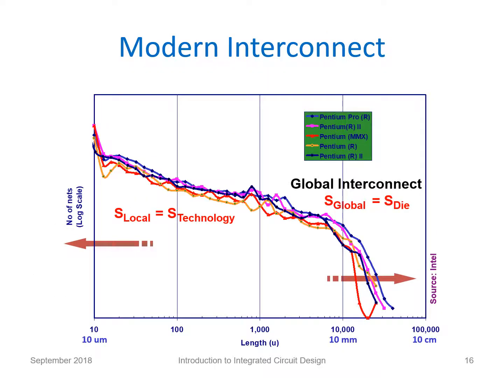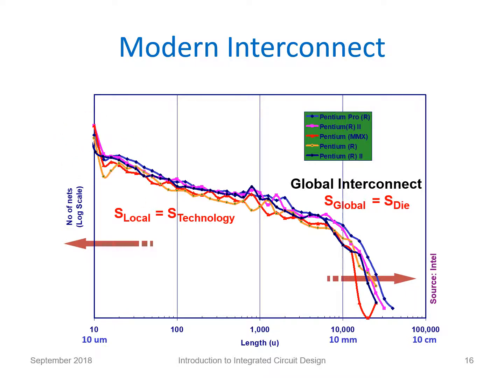This slide contains a graph showing how the number of wires of different lengths have changed during the development of the Pentium processors across 4 different technology nodes. A careful look shows that there is an increasing number of shorter wires.